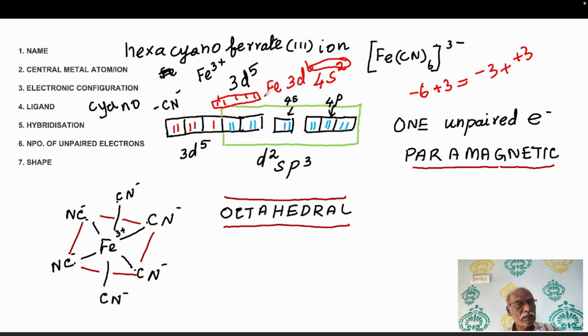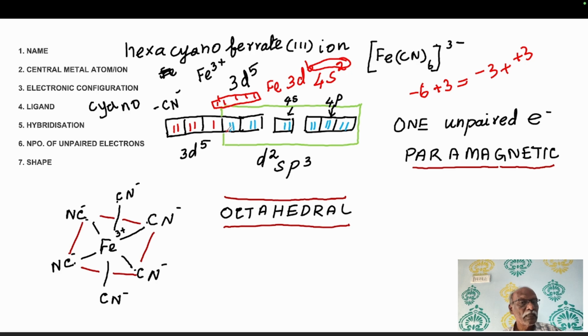Okay, this CN minus, what does it do? It pushes up all these odd electrons inside and maximizes the pairing: 2 paired electrons, 1 odd electron. There is no other way. Thereby it keeps 2 d orbitals vacant and takes another 4 orbitals from the next higher energy level, the 4s1 orbital and 4p3 orbitals.